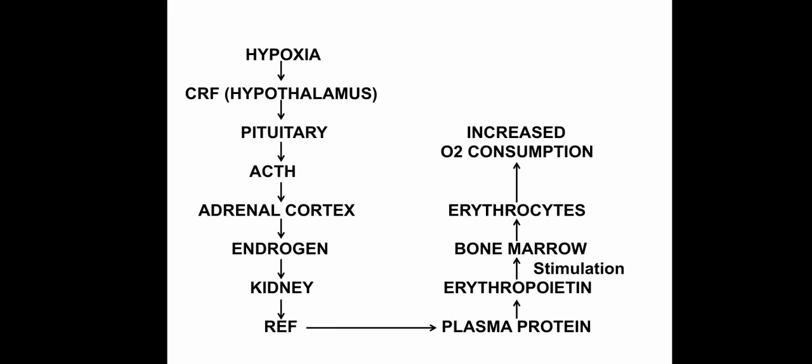This erythropoietin circulates throughout the blood, enters the bone marrow, and stimulates the bone marrow to carry out erythropoiesis, and thereby more RBCs are formed. At the end, all the RBCs can carry oxygen, and the tissues are getting the proper amount of oxygen now. So that is the role of the kidney in erythropoiesis.